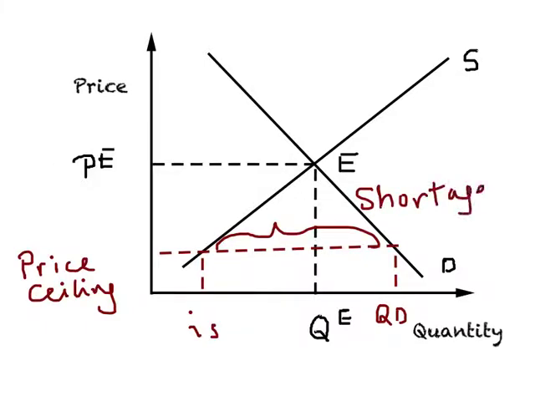So just remember, whenever the government sets a price ceiling, chances are a shortage will develop for this market. What does a shortage mean? It simply means there will be some consumers who want this product and simply cannot get it in the market. Why? Because the quantity supplied is so low at this particular price. So whenever we have a price ceiling, just remember this, a shortage will ensue.